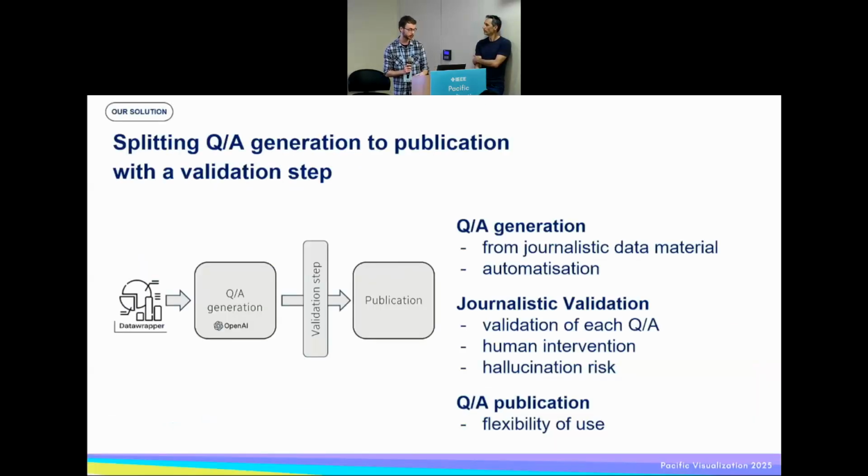This methodology can be divided into three parts. First, generate all QA automatically without any human assistance. Then the journalist will validate all these QA one by one to avoid any hallucination risk. And finally, the selected pairs will be published to the final user. With this, we try to avoid the hallucination risk and the spreading of fake news.